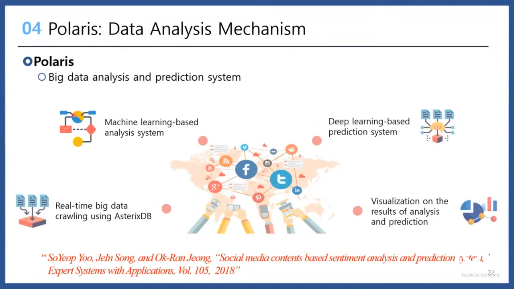Polaris is a big data analysis and prediction system. It has the following characteristics: real-time big data crawling using AstroDB, a machine learning-based analysis system, a deep learning-based prediction system, and visualization of the results of analysis and prediction.